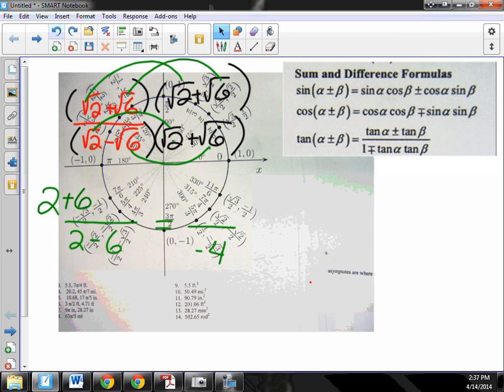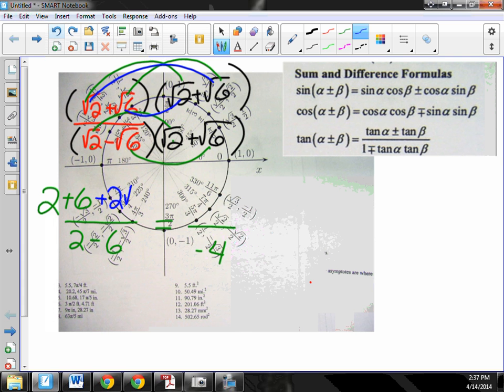And then the other 2 are actually the exact same thing. So we have root 12 and root 12. I wrote those wrong, sorry. This and that. There we go. So I have root 12 and root 12, which is 2 root 12, because it's root 12 plus root 12. So it's plus 2 root 12.